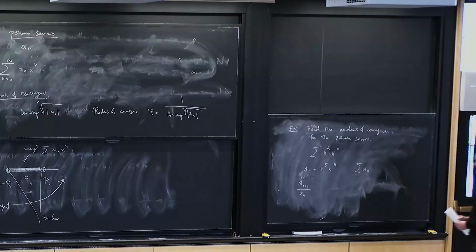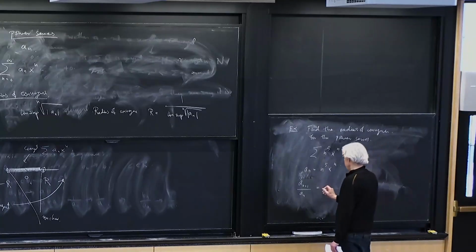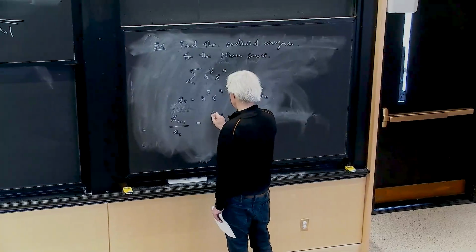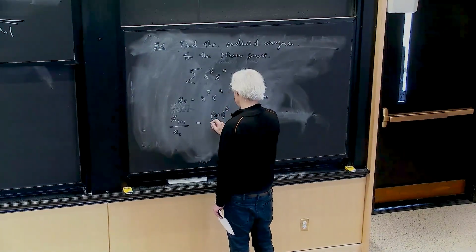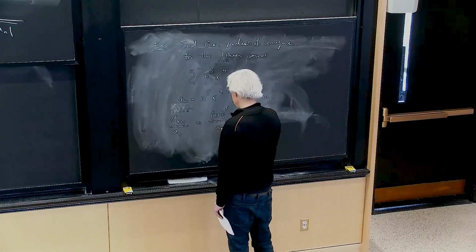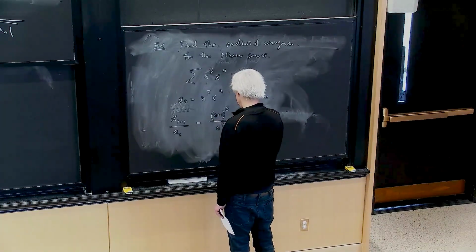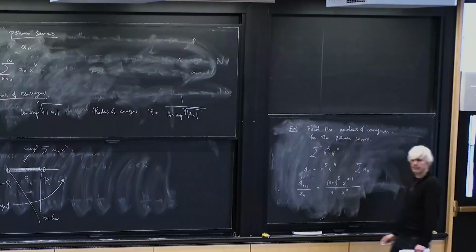So if you're looking at this ratio, it is n+1 to the 5th power times x to the n+1, divided by n to the 5th power times x to the n. That's that ratio.